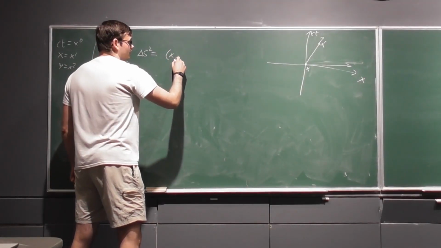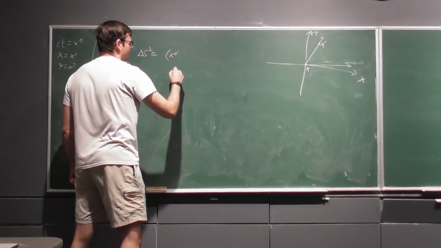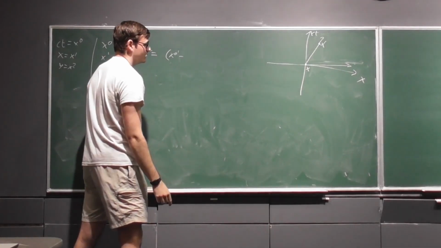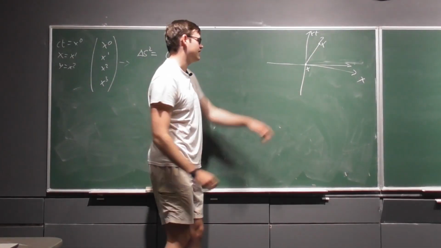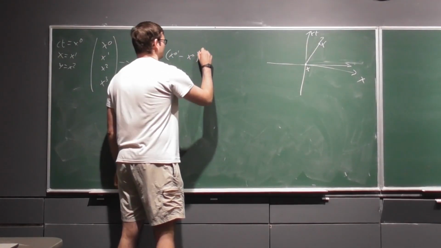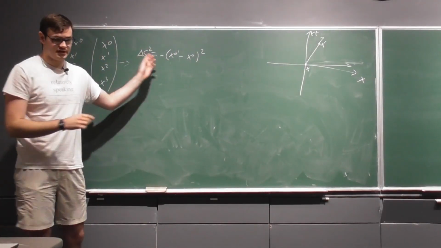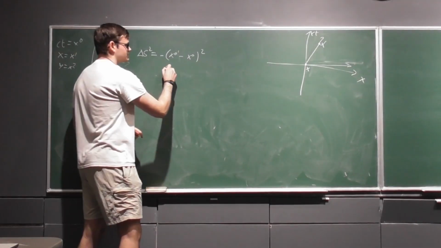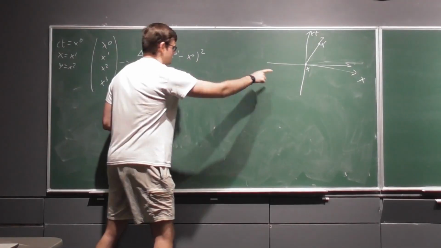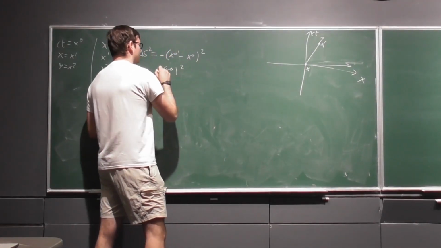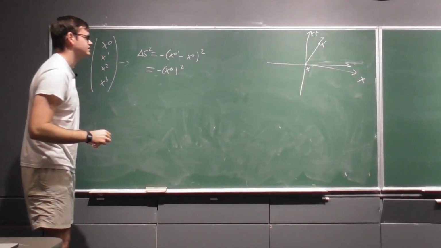So that means that my invariant quantity, delta s squared, is only x naught prime minus the other point, which is just x naught, but squared. And it gets a minus out front because that's what the metric gave us for the time component. This one is just 0, because it's at the origin. Okay, so minus x naught squared.